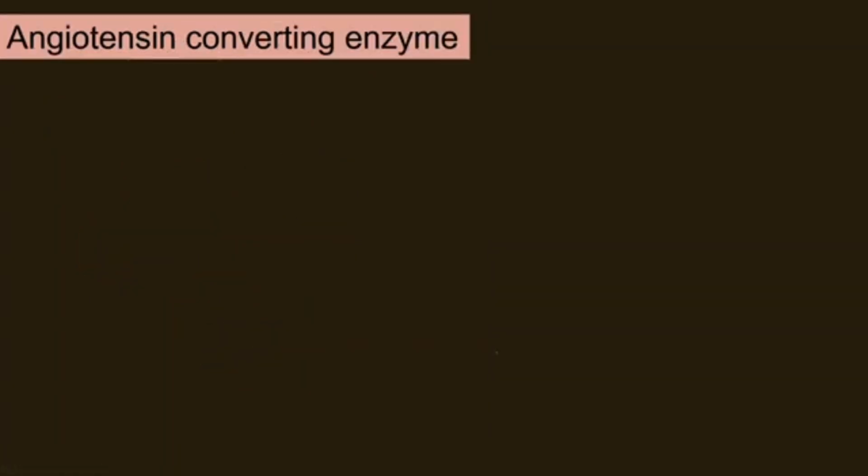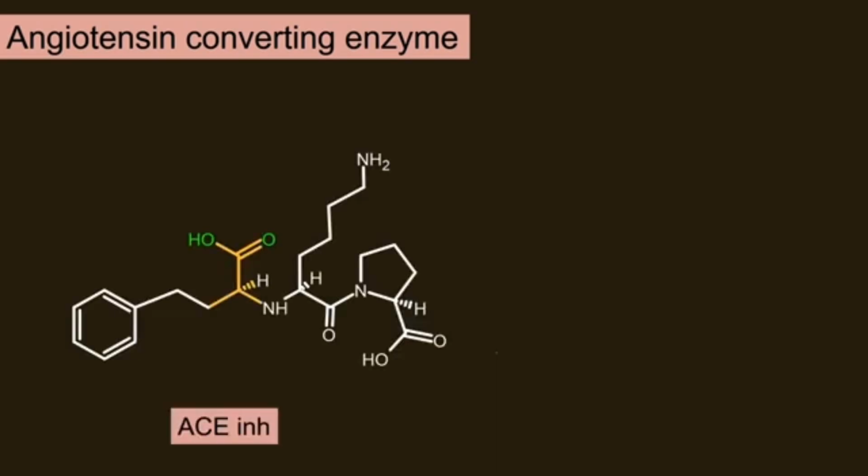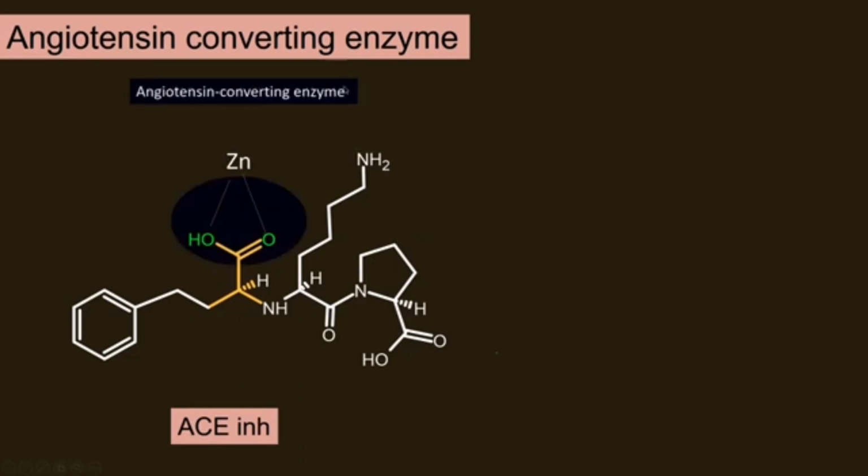Next, other cardiovascular drugs are angiotensin converting enzyme inhibitors, our antihypertensives, in short also known as ACE inhibitors. ACE inhibitors have typical peptide structures. The angiotensin converting enzyme contains a zinc metal ion, so free acid groups are essential to complex with zinc.